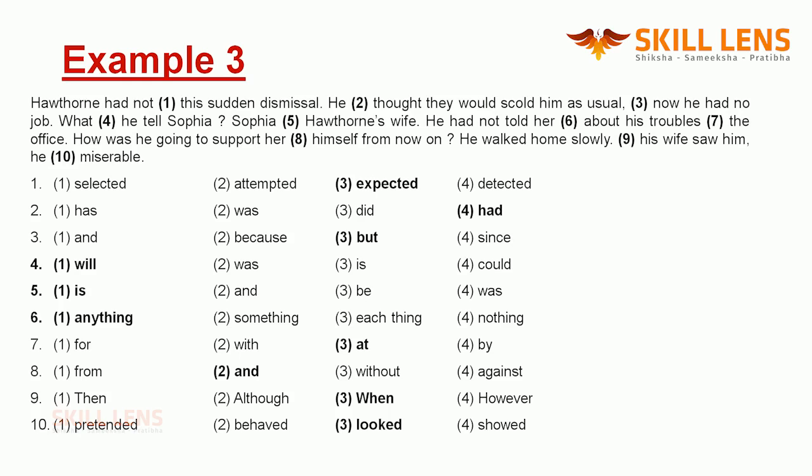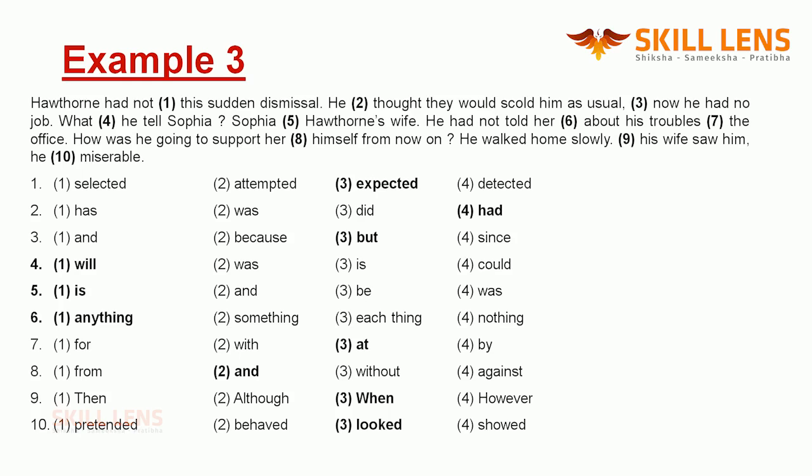You can refer to our videos on tenses for more information. Here we use "is" because Sophia being Hawthorne's wife is a universal truth. As such, we use "is." We move on. He had not told her dash about his troubles. Anything.